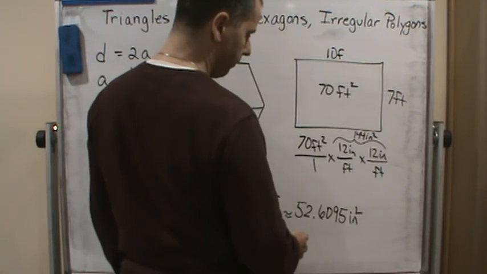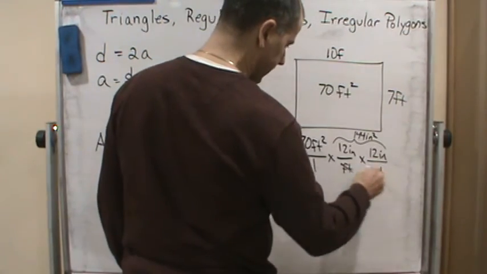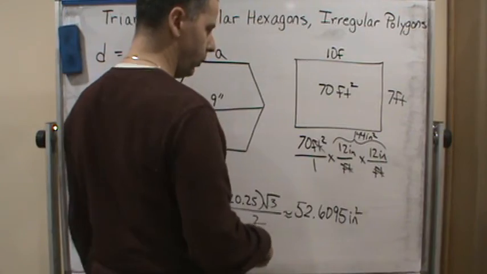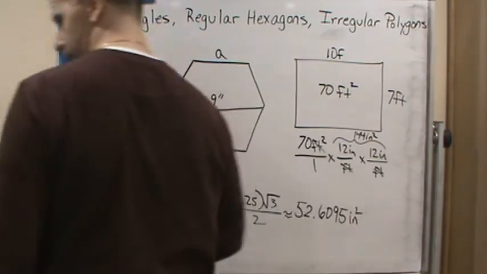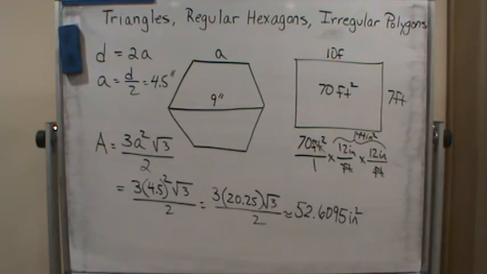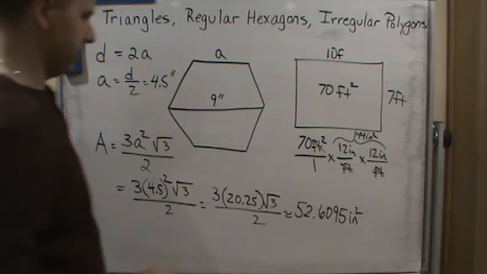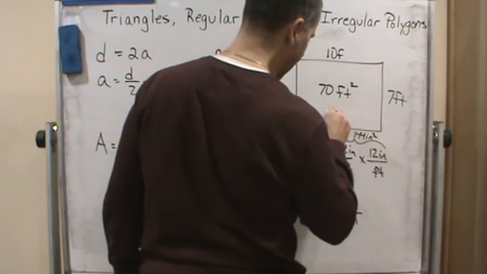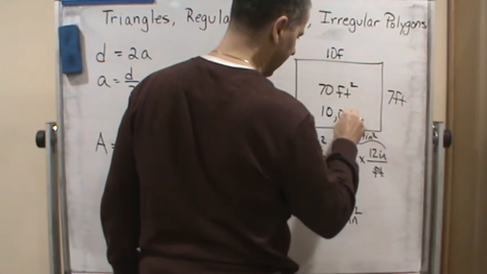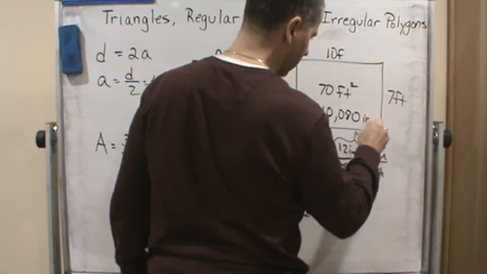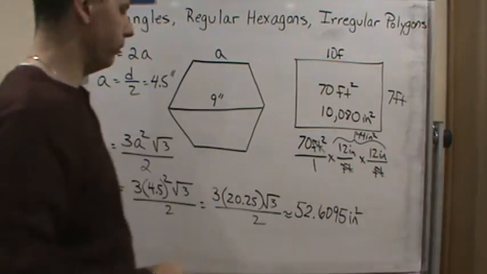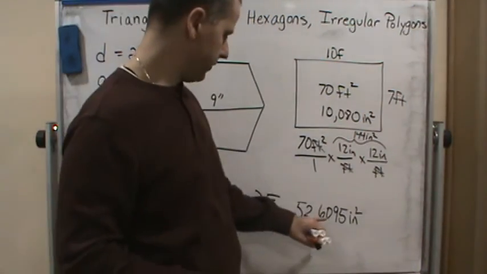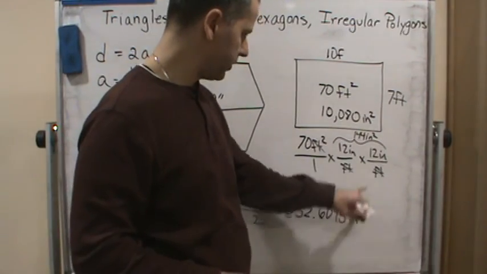And so these cancel with this, and what do we get? We get 70 times 144, and if you put that in your calculator, you get 10,080 square inches. Okay, now we're ready to divide because we've got square inches here, square inches here.